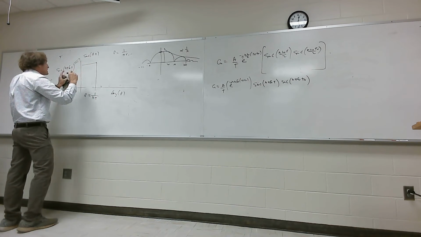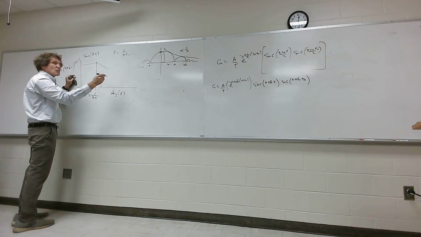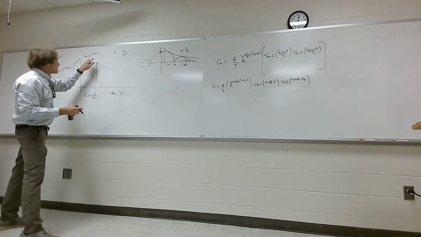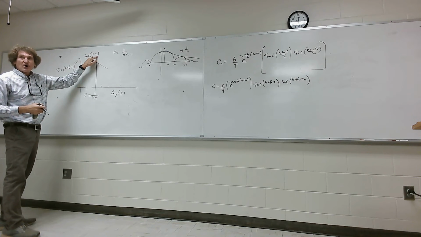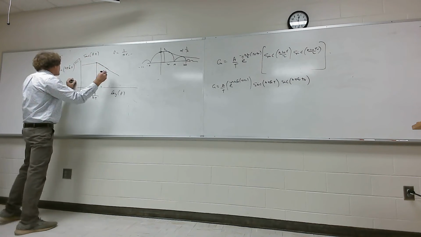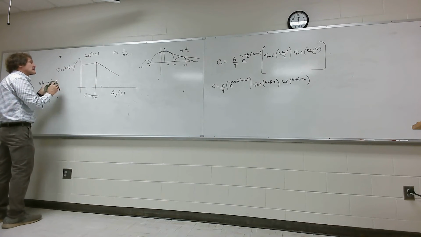And at this point, this thing will start falling off as 1 over x. It's going to fall off linearly, and it'll fall off in dB on the plot over here. I'll be clear about this one.